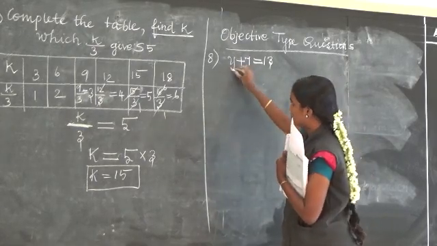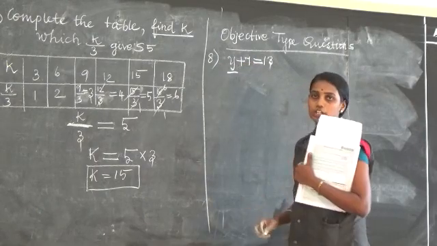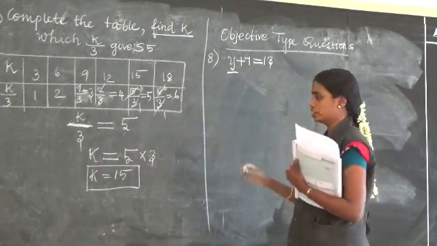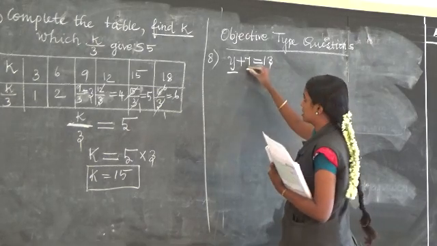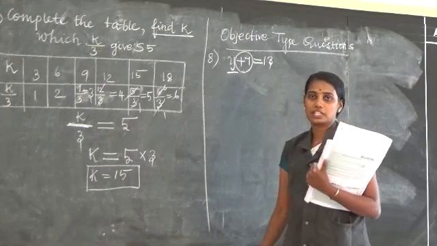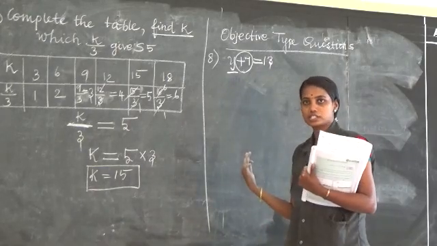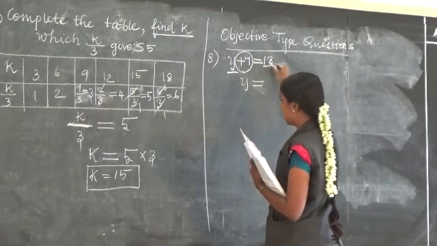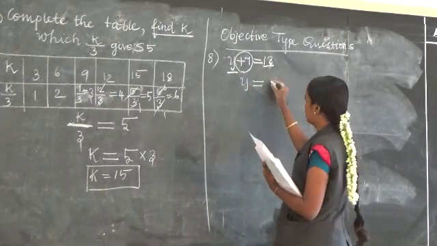Okay, always we find the letters. We are going to find here y. Along with y, what number is there? Find out. 7 is there. The 7 is with the plus sign. Plus will go that side as minus. So y, first write the 13, after that 7.